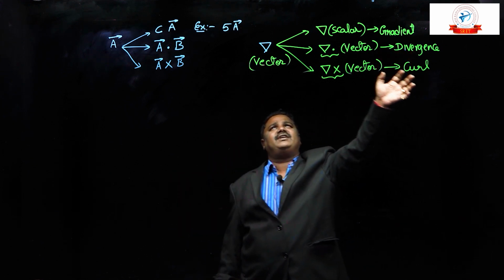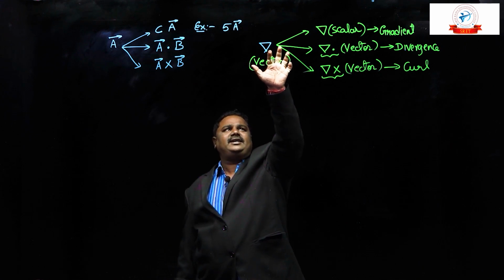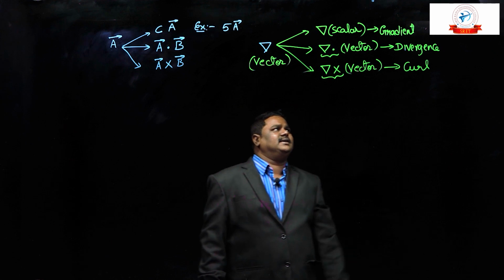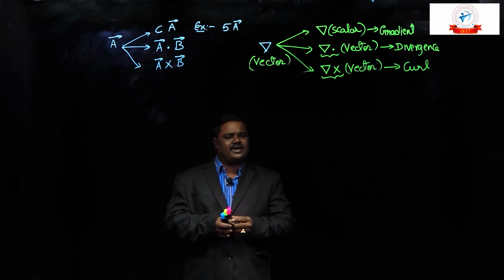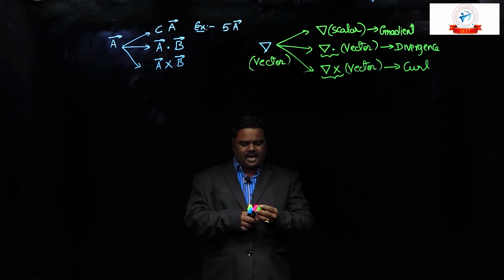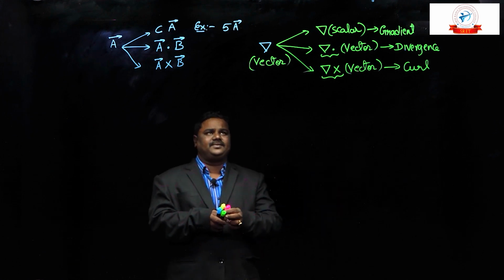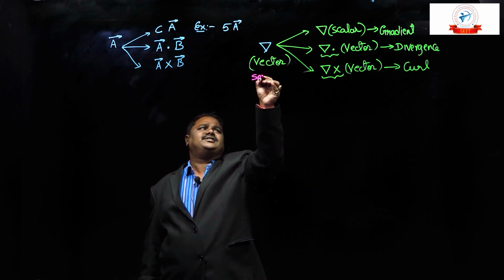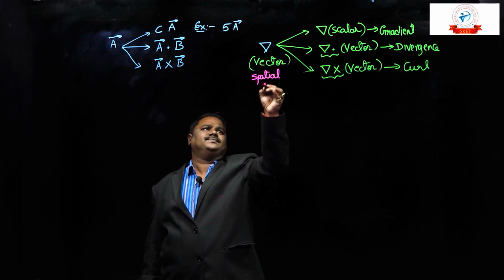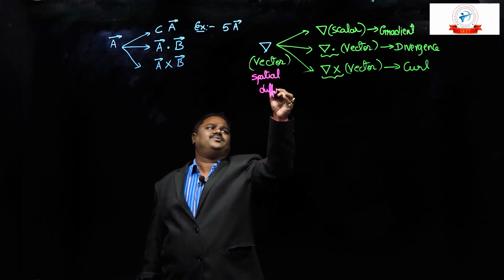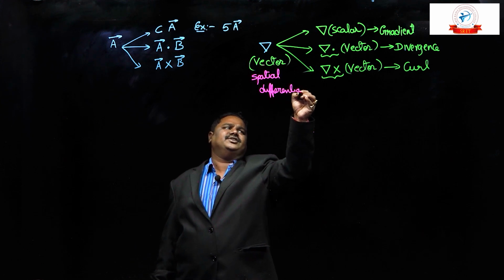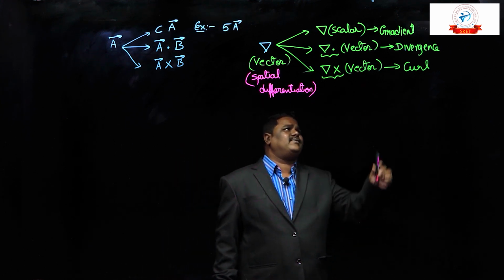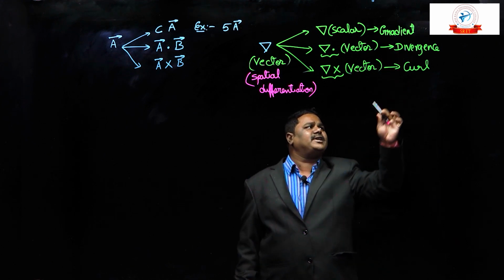So what is meant by gradient, divergence and curl operation? There are different ways of multiplying the del vector. If you multiply the del vector in three different ways, it results in a gradient operation, divergence operation and curl operation. And already we have discussed del. The del operator is a vector quantity, and also it is a spatial differentiation. Then what about divergence, gradient and curl operation?